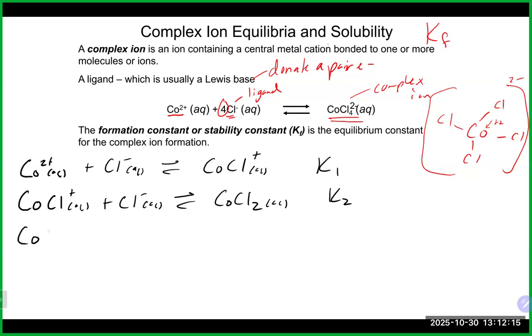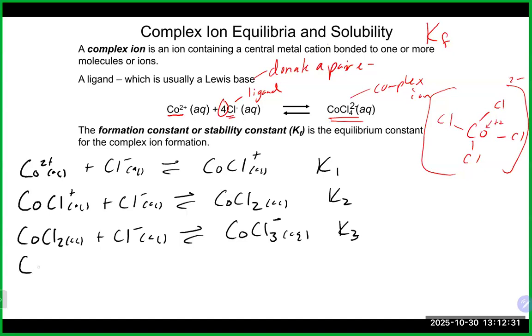Then this one that's now picked up 2 chlorides will pick up lucky number 3, chloride, and we'll get CoCl3 -1 at this point. Also an equilibrium value for that.